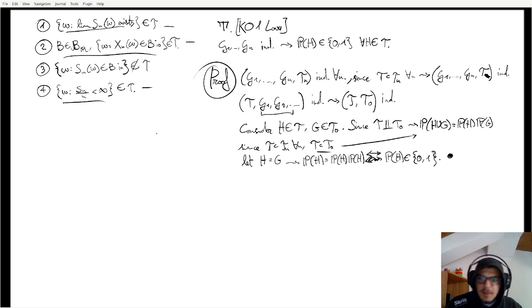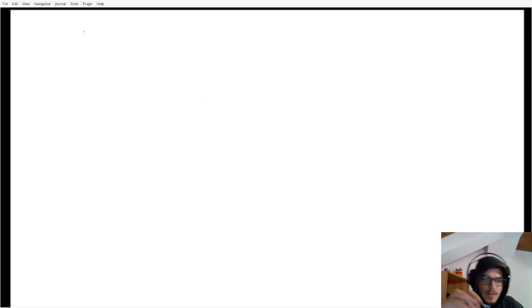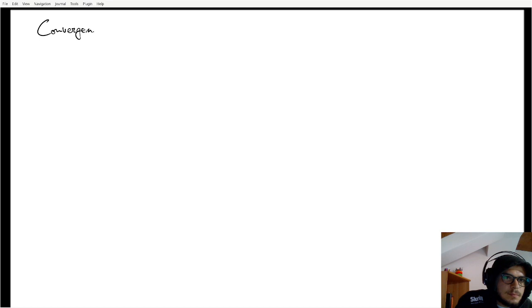Let's now leave the notion of independence, tail events, and tail sigma algebras, and start talking about convergence. For this, we first recall some notions and results of convergence from real analysis.